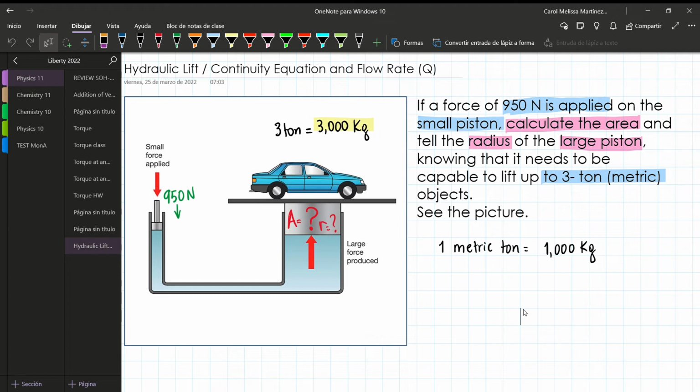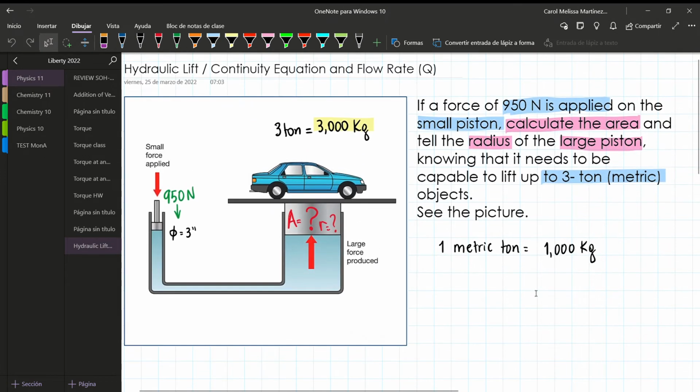So what do I need to know? I need to know the area and radius of the large piston. Now, the information given in the picture is that the small piston has a radius of 3 inches. That's what I know so far. So what should I do?